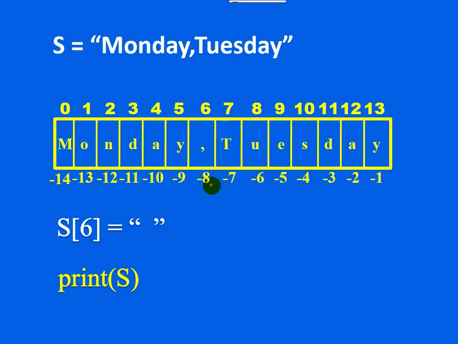Now suppose you want to insert a space character. What is the method? You can extract this much part of the string using string slicing. So it is s of 0 to 5, isn't it?